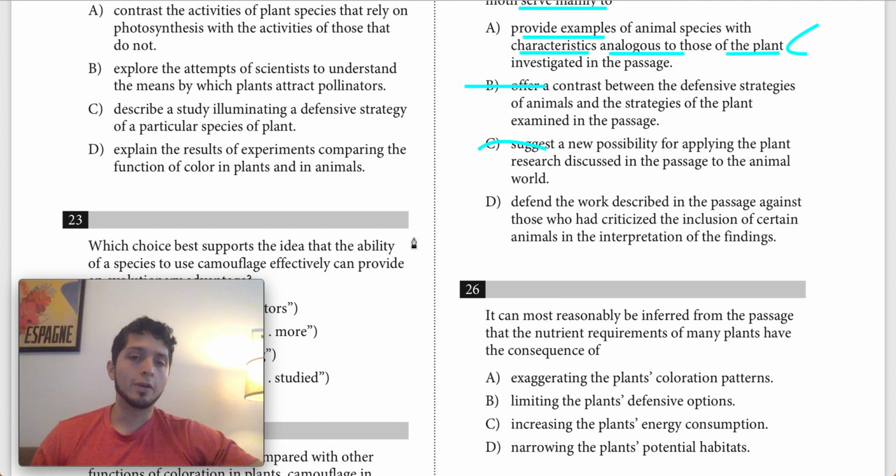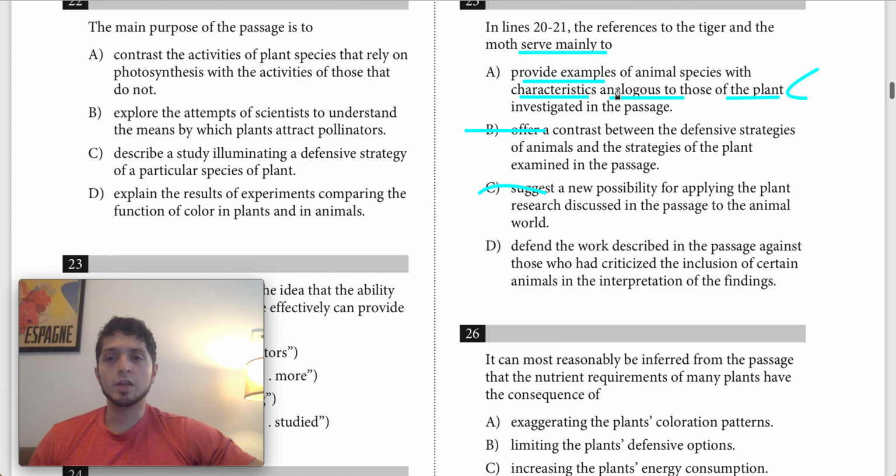Because they're so different for X, Y, and Z, and you're lumping them together. And then the scientist is defending this by saying, no, it's good to include all of these animals in our interpretation. That's really definitely not what's going on in the passage, and there's really no criticism that's being mentioned. There's no defensiveness here.